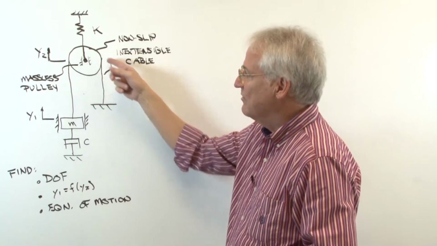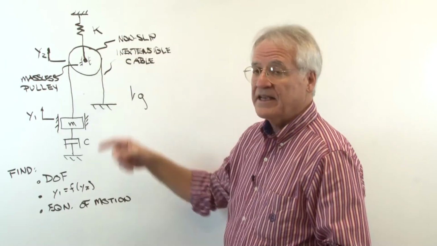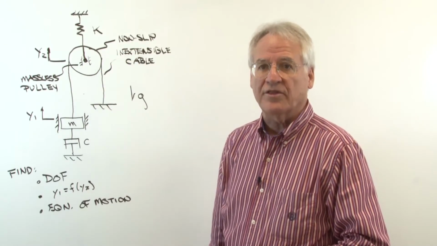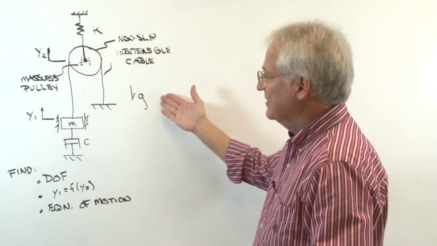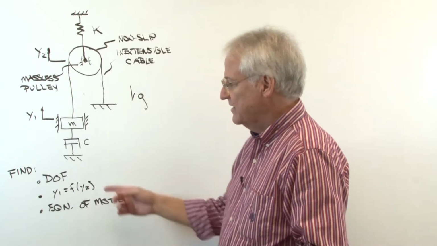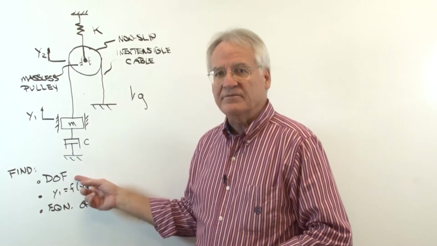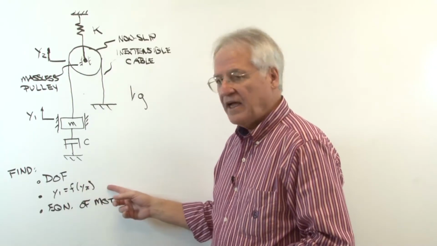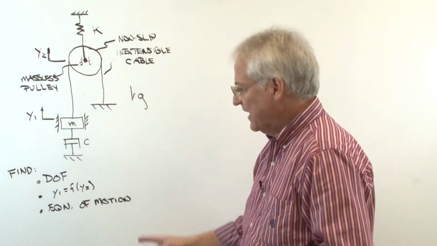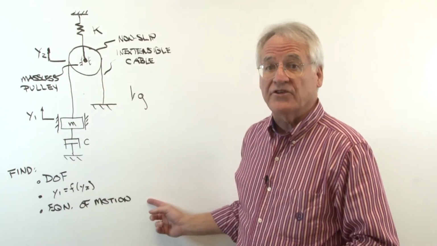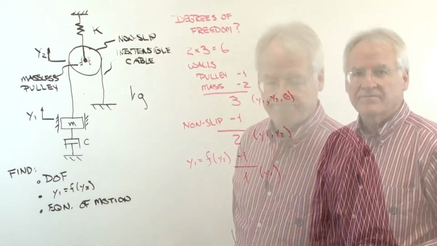The cable wraps around the pulley and is in a non-slip relationship with the pulley. Gravity acts. So the question is, how many degrees of freedom does this system have? How is Y1 related to Y2? And finally, what is the equation of motion for this system?